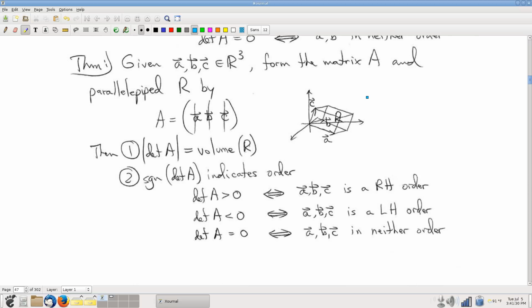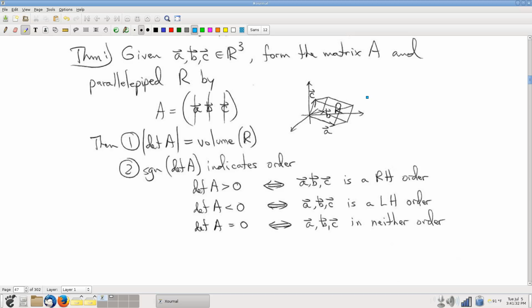Here is an analogous fact in 3 dimensions. If your vectors are first, second, third, this is now 3 vectors in R3. Again, make the two things. On the one hand, make those the columns of a matrix. On the other hand, make them the edges of a parallelepiped.